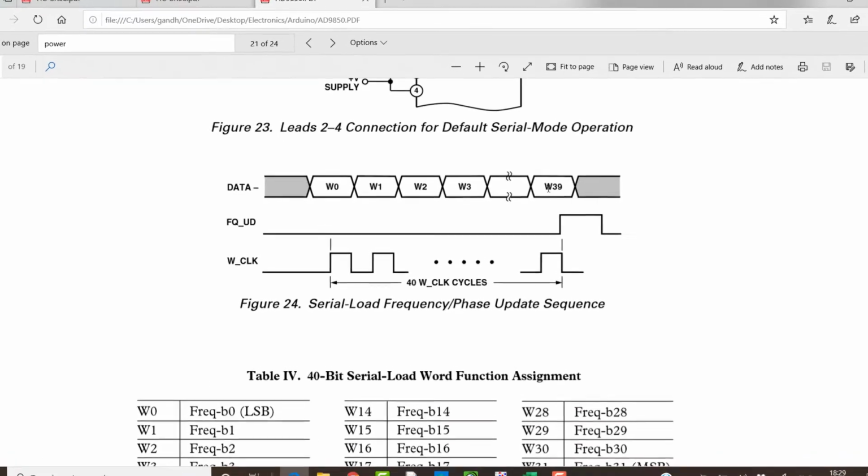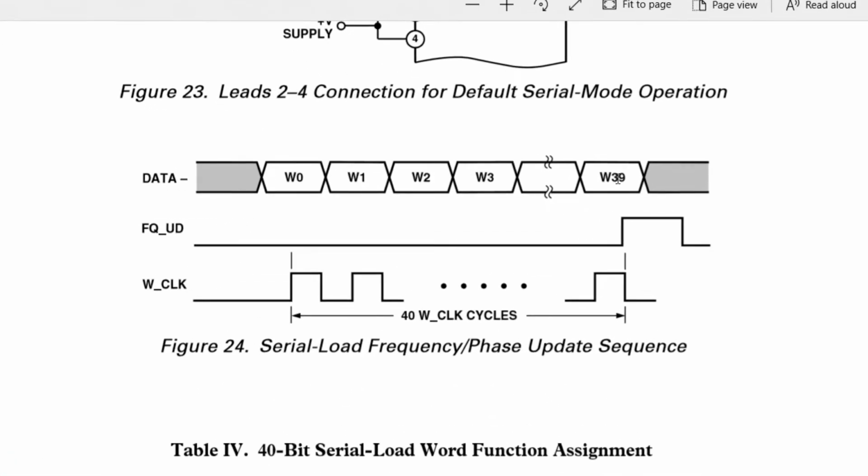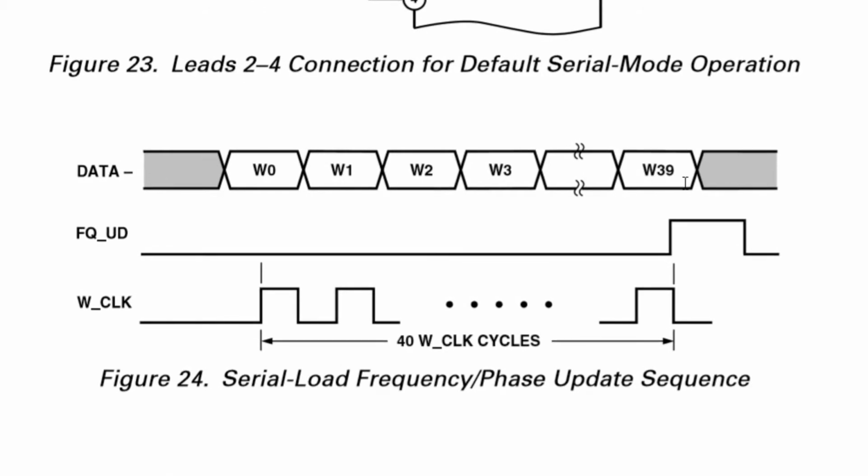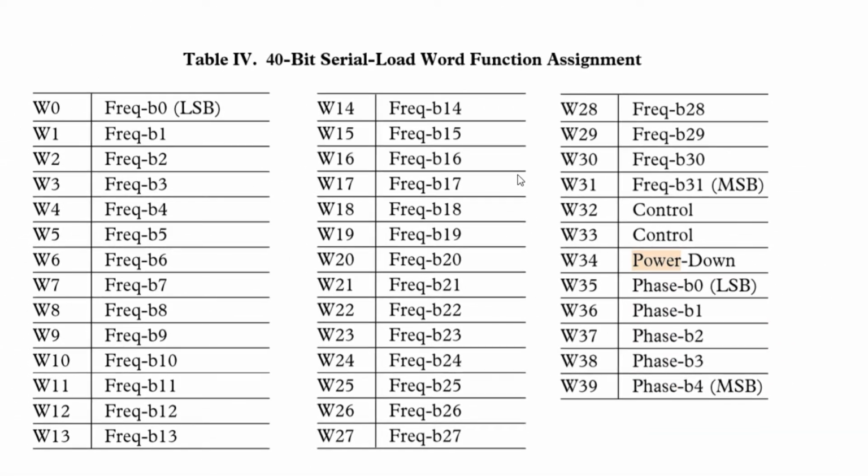It has got a 40-bit data which is to be sent to the module in serial format, and these 40 bits are defined over here, W0 to W31. These 32 bits are the frequency value which is to be written to the module, and the remaining 8 bits are the phase control, power down mode, and some control bits which are used by the manufacturers.